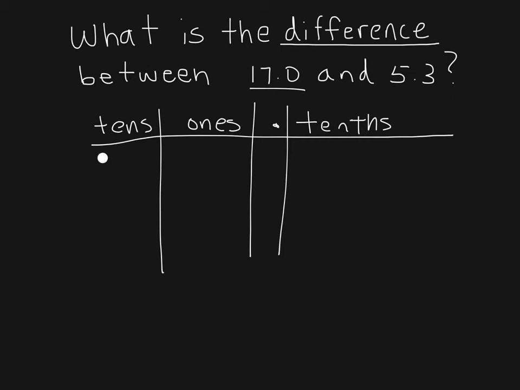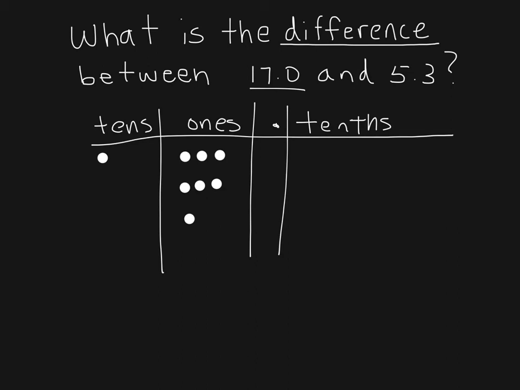I have 7 in the ones place. And I have 0 in the tenths place. And then I've got to take away 5 and 3/10. 5 ones and 3/10.